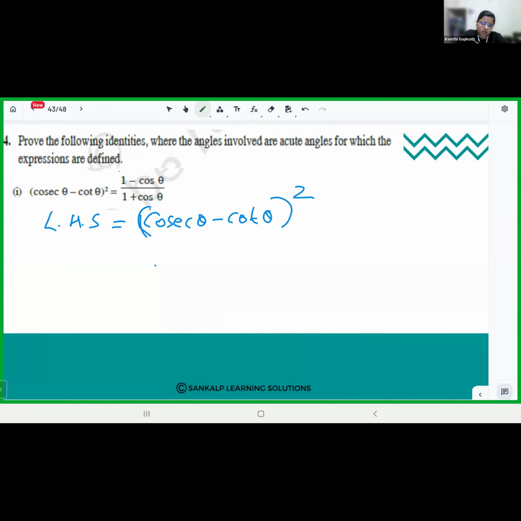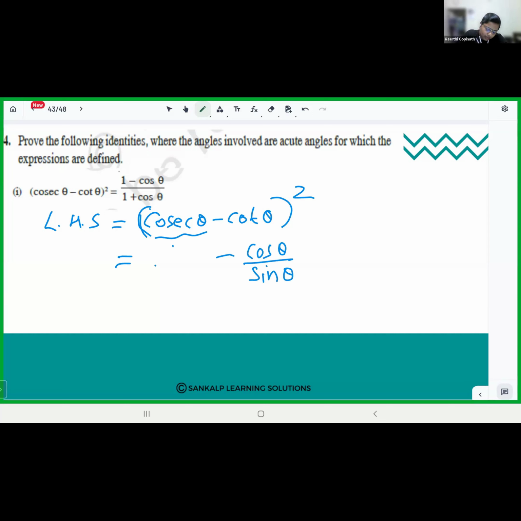You can see that in the right side it is all in terms of cos theta. So we try to change the left side also in terms of cos. So you can write cot theta as cos theta by sin theta, right? Cot theta is the reciprocal of tan theta, which is sin theta by cos theta. Since the denominator is sin theta, you convert this also in terms of sin.